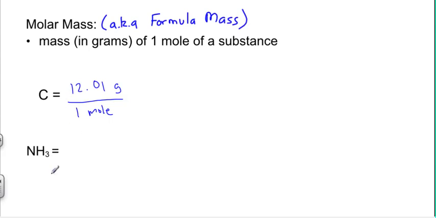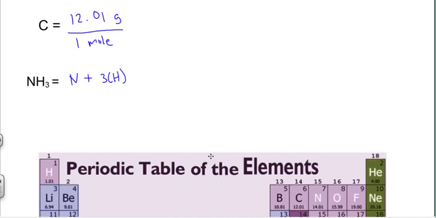Okay, and so if we're going to take the mass of NH3 or ammonium, what we would do is we'd have to take nitrogen plus the mass of 3 hydrogens, like this. We look at our periodic table, and we see that nitrogen is 14.01 grams. Again, we can't forget per mole.